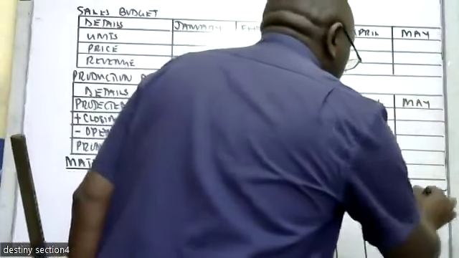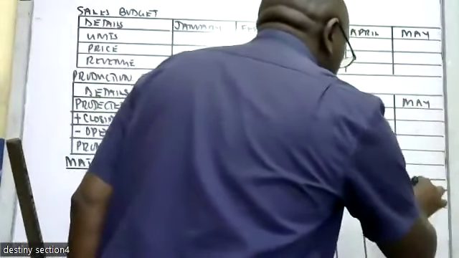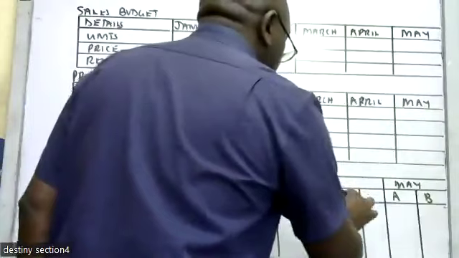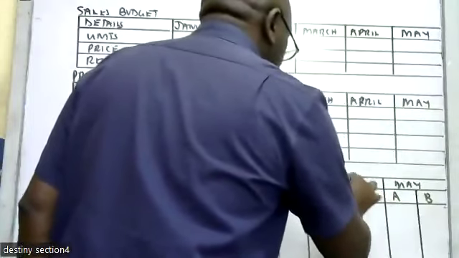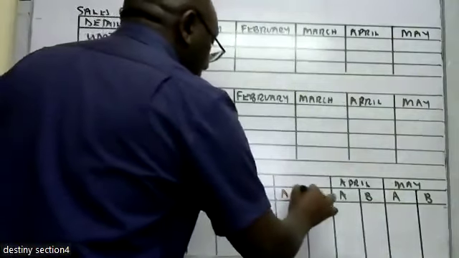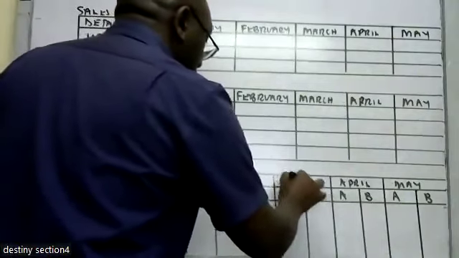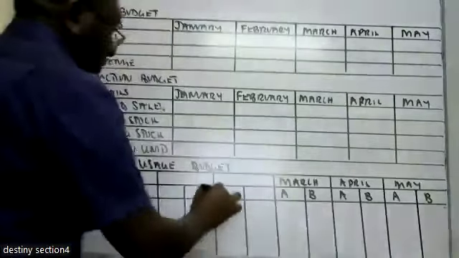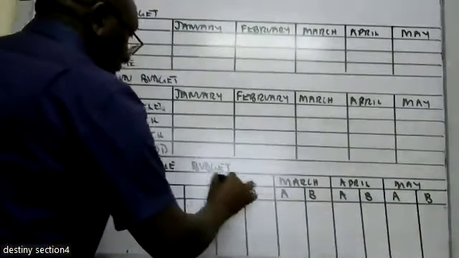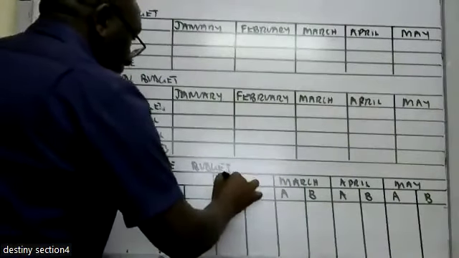This is A, B, the month of May. This is A, B, the month of April. This is A, B, the month of March. This is A, B, the month of February.